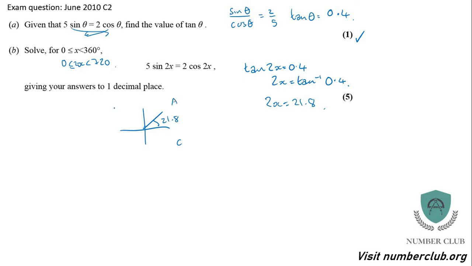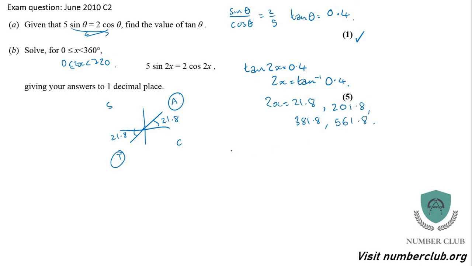CAST. Tan is positive here, tan is also positive here, so we get 21.8. 180 plus 21.8 will be 201.8, and then we can start adding on those 360s. So add on 360 here, you get 381.8, and add on 360 here, which is going to be 561.8.